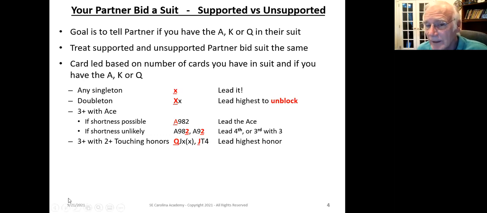That leaves you with the little card that allows you to lead that suit a third time back to your partner and to unblock. Again, it's the same concept. Think about this concept over and over again. You've got to make sure that you're unblocking so your partner can take tricks when that is the correct play.